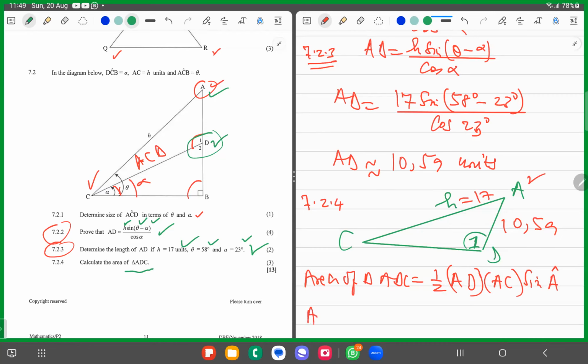Therefore, the area of triangle ADC is half. What is AD now? 10,59. What is AC? It is 17. The sine of 32 degrees.